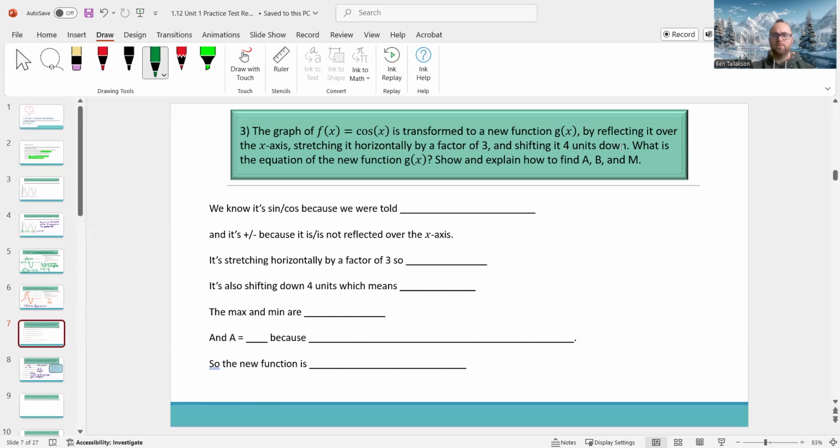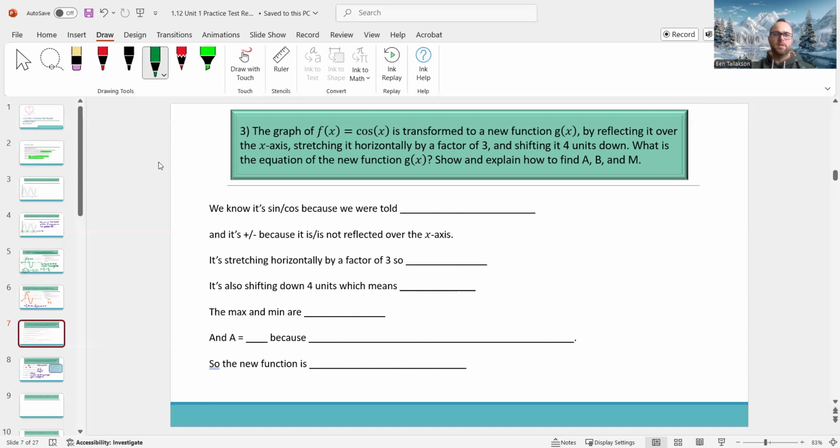So there are several different transformations happening. What's the equation of the new function, g of x? Show and explain how to find a, b, and m. There are helpful guiding words on the board. Use those to help you complete this function.